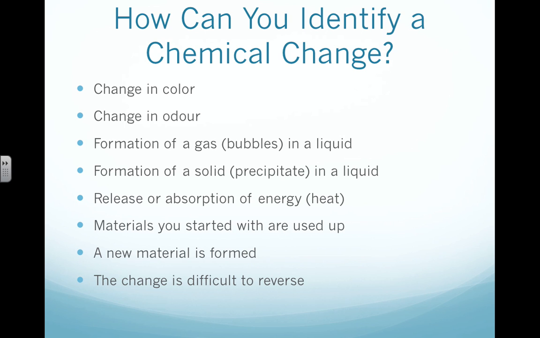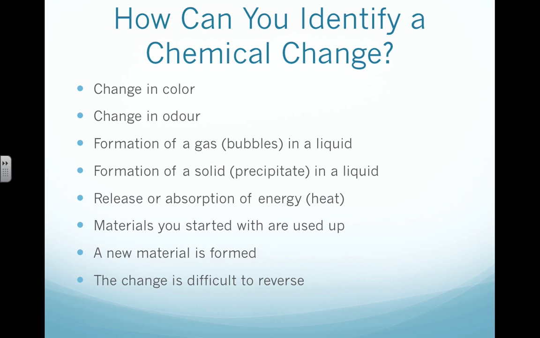Okay, another sign: release or absorption of energy. Is there a release of heat? Is heat being given off? Heat energy. We can tell, especially when things combust, that heat is being given off, and we can feel that. We know that a chemical change is occurring. The materials you started with are used up.